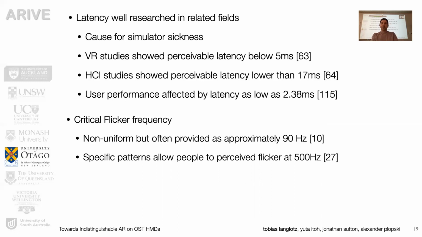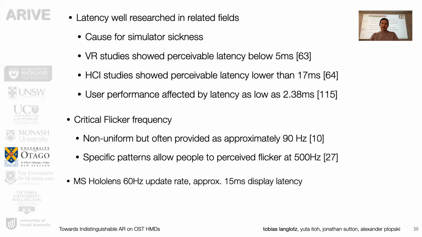In our periphery we are more susceptible to it, while in the center we are less susceptible. However, some papers show that if you have just the right, or in that case the wrong, pattern, we can perceive it at still 500 Hertz. So it sets quite a high bar.